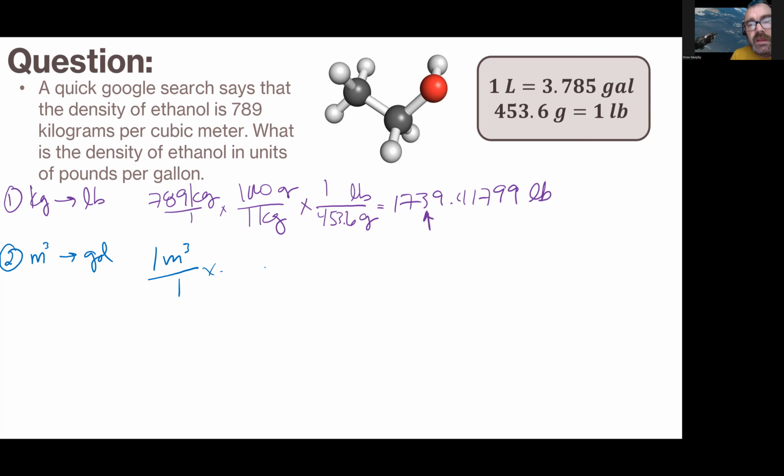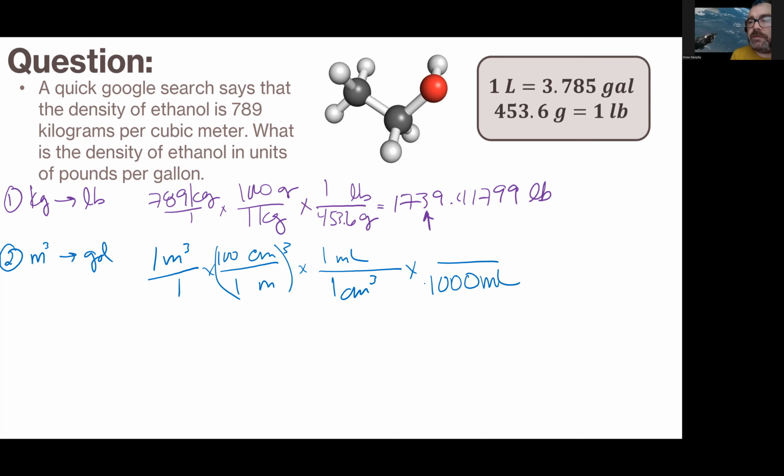Remember, we can take meters to centimeters because there's 100 centimeters for 1 meter, and we're going to cube that. Then we know that 1 centimeter cubed is 1 milliliter. And we know that 1,000 milliliters, on the bottom because it has to cancel, is a liter. And we know that 1 liter is 3.785 gallons because we were given that.